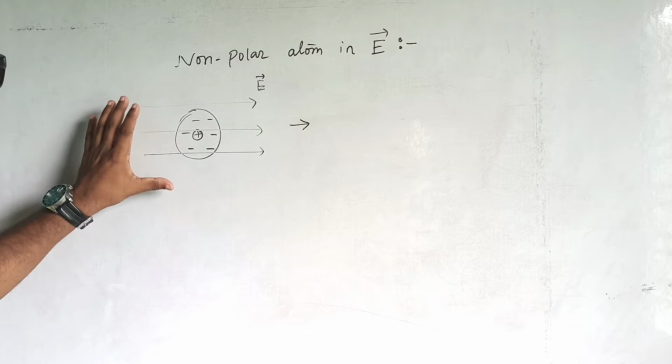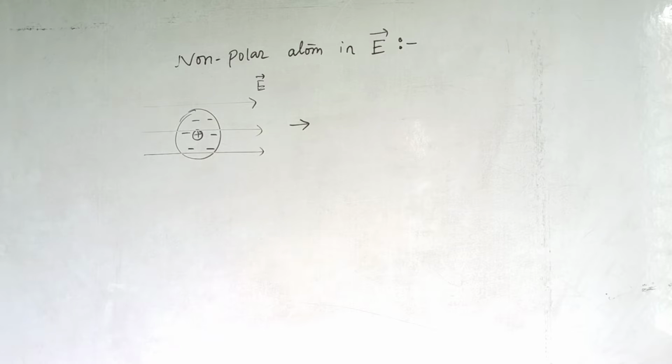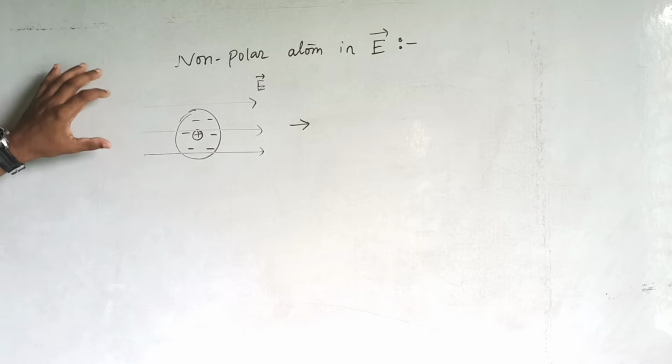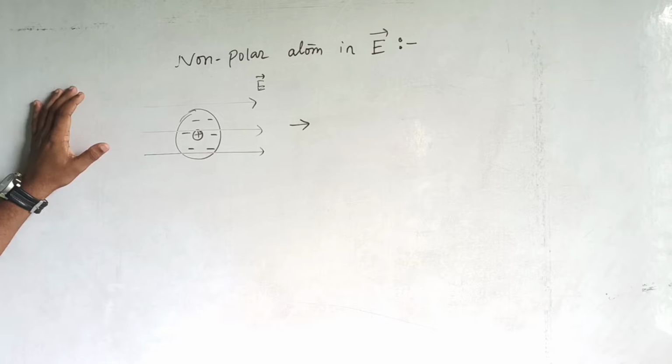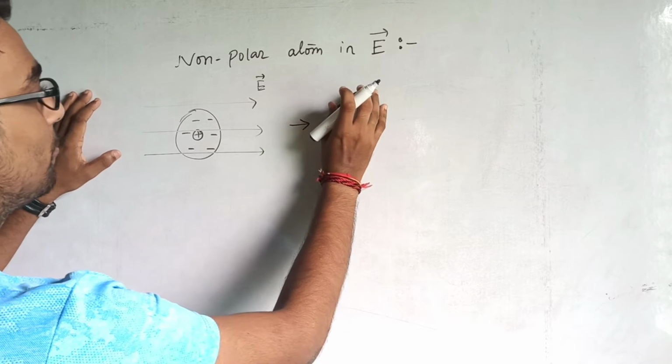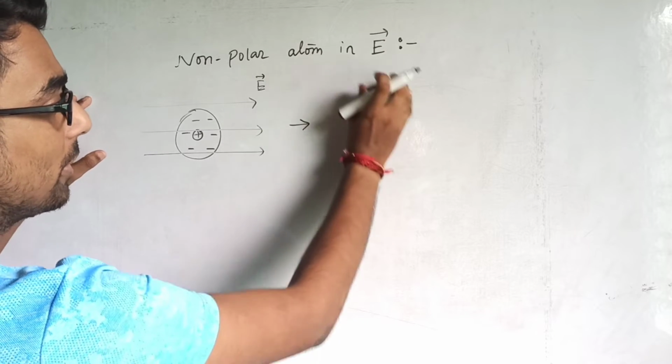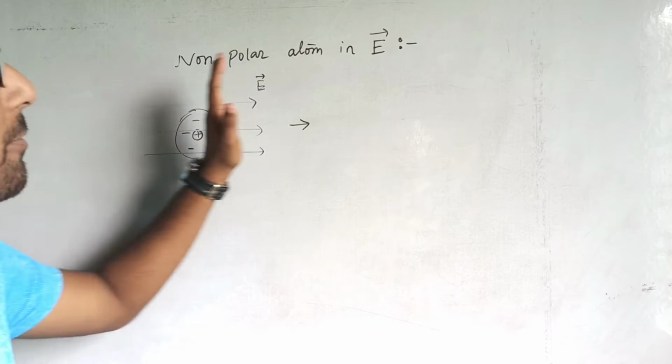See, in a uniform electric field, we can assume a huge amount of positive charge accumulates on the left side and a huge amount of negative charge accumulates on the right side, as a result of which the electric field flows.